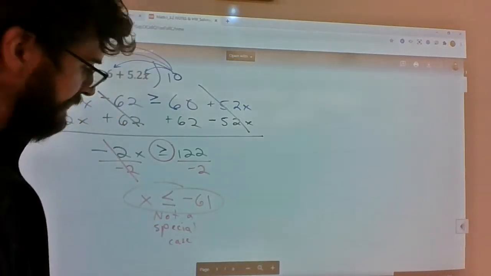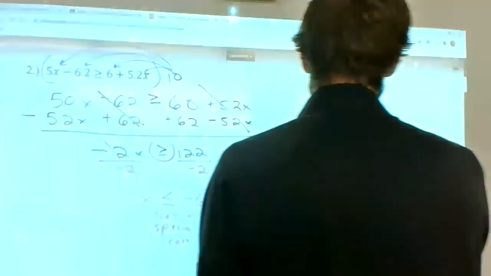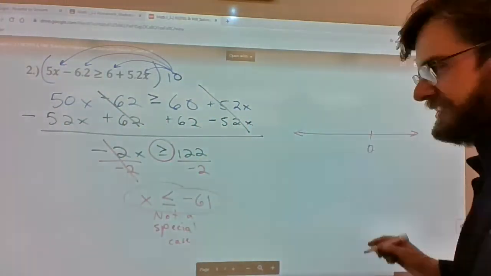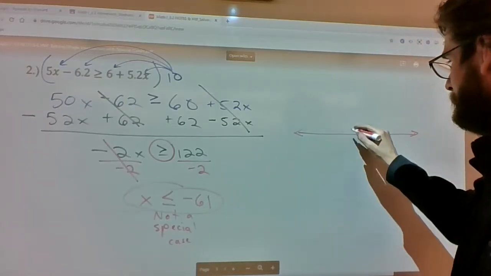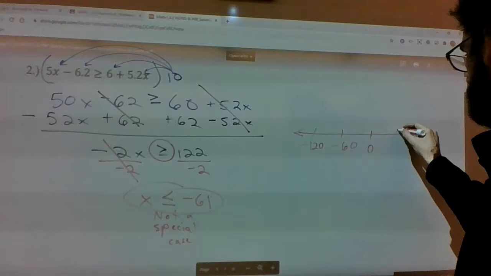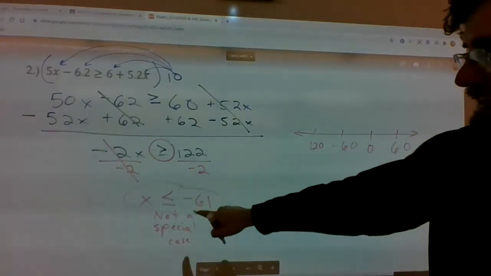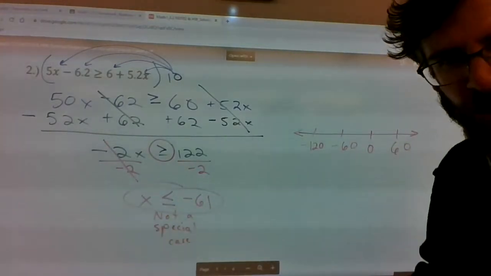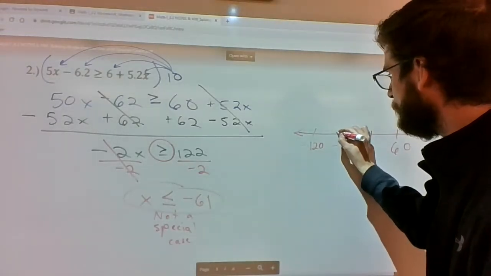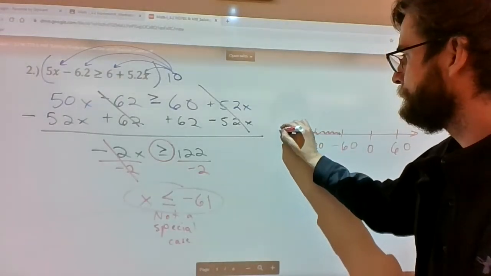And here's how you'd graph it. I'd probably skip count by 60s, something like that. And I'd say it's a closed circle, so this is just a little graphing review, just to the left of 60. And then we would go this way on the number line.